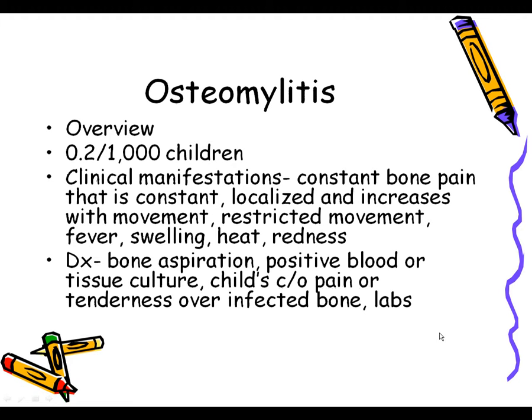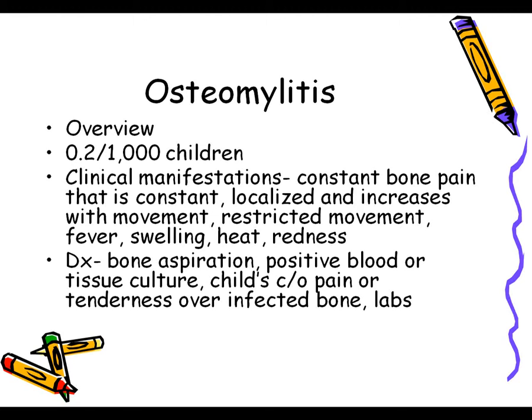So look at osteomyelitis on page 1156. Infection of the bone caused by a bacterial, fungal, or viral microorganism. And for diagnosis, bone aspiration, positive blood or tissue culture, the child's complaint of pain or tenderness over the infected bone, and the labs.